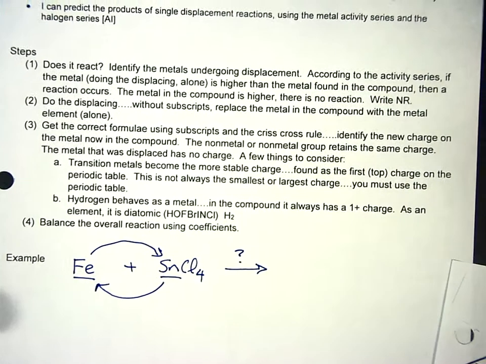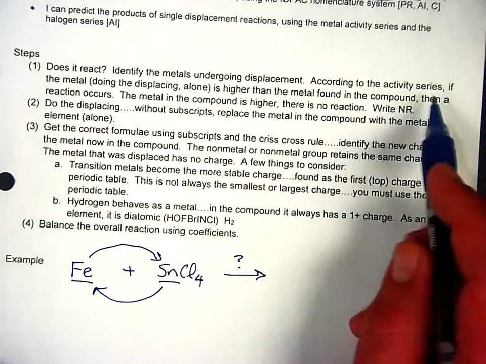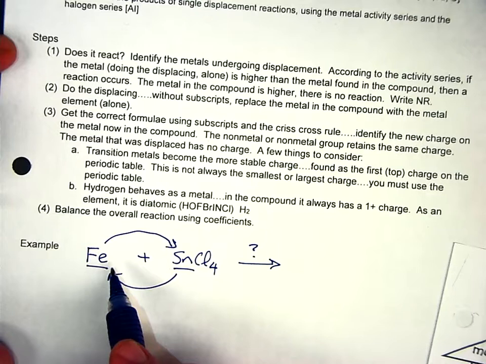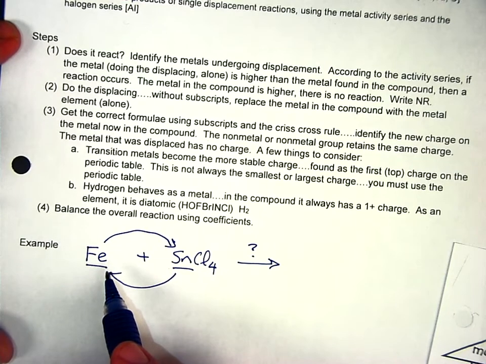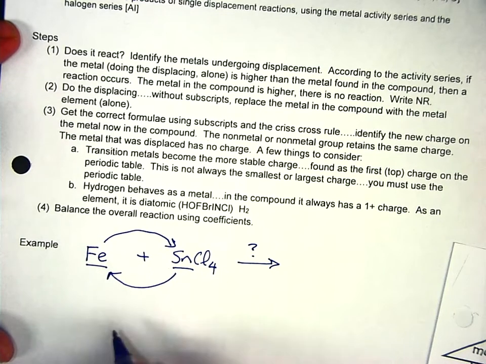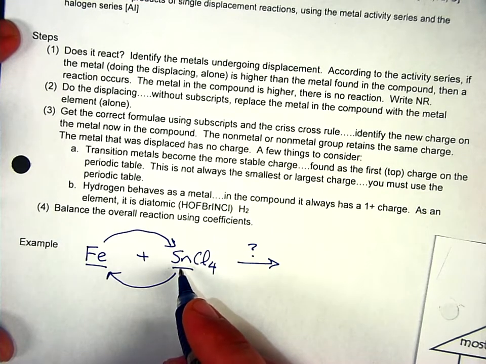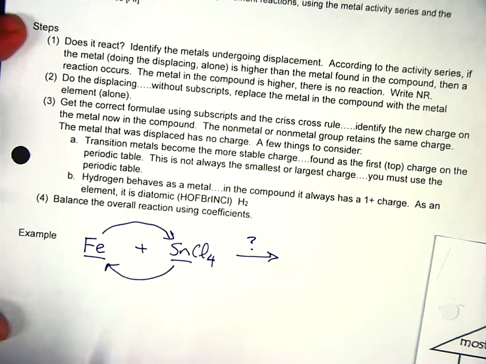So we identify the metals that are undergoing the displacement according to the activity series. If the metal which is doing the displacement, which is alone, is higher than the metal found in the compound, then a reaction occurs. And this is the case that we'll see. If the metal in the compound were higher, which is not the case, there would be no reaction. Okay, so let's just take a look.